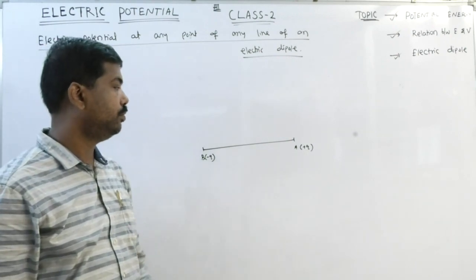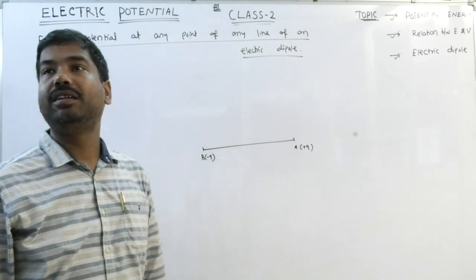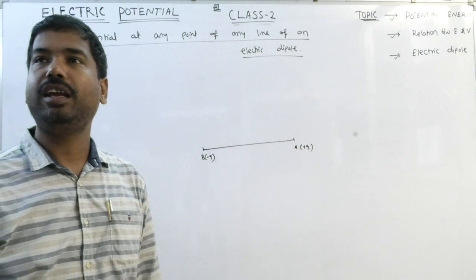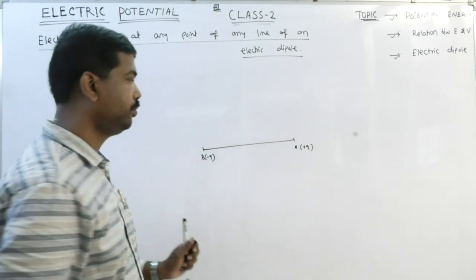Look at me. Let AB be an electric dipole. Clear?